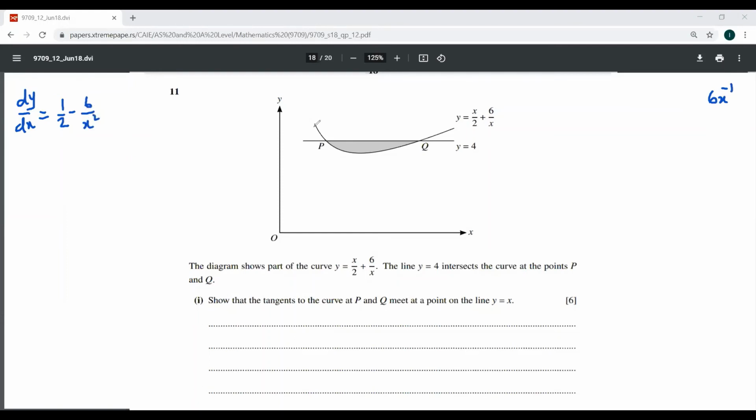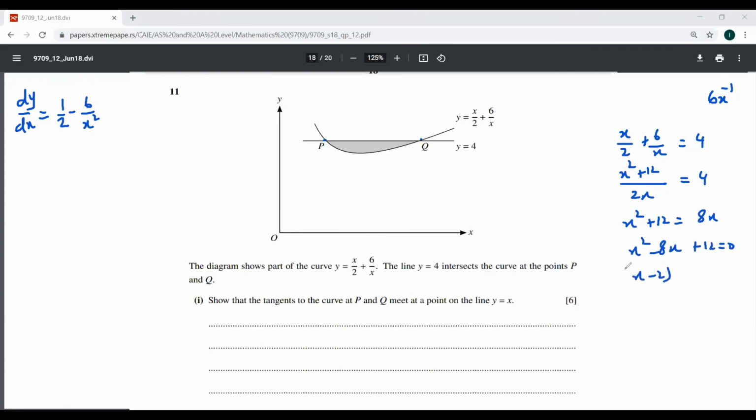We can determine the points P and Q if you put y equal to 4. x over 2 plus 6 over x equal to 4. So x squared plus 12 equal to 8x, x squared minus 8x plus 12 equal to 0, and this is (x minus 2)(x minus 6) equal to 0, x equal to 2 and x equal to 6.